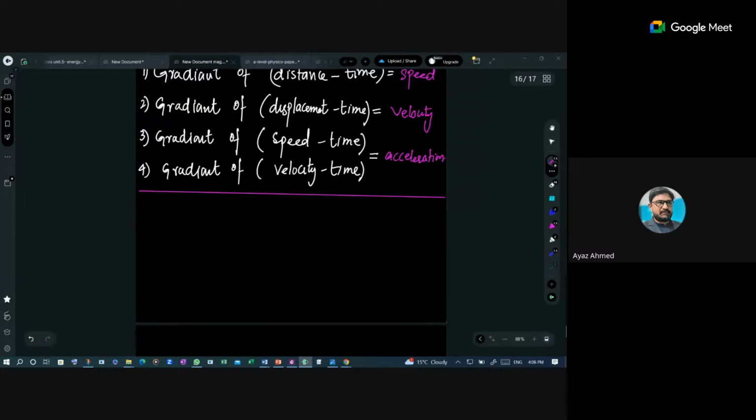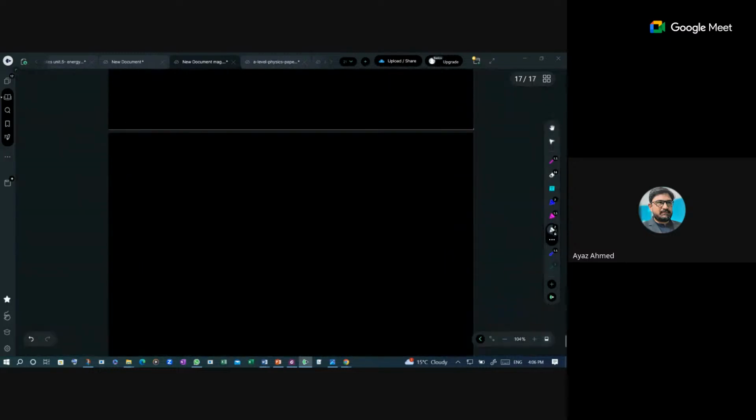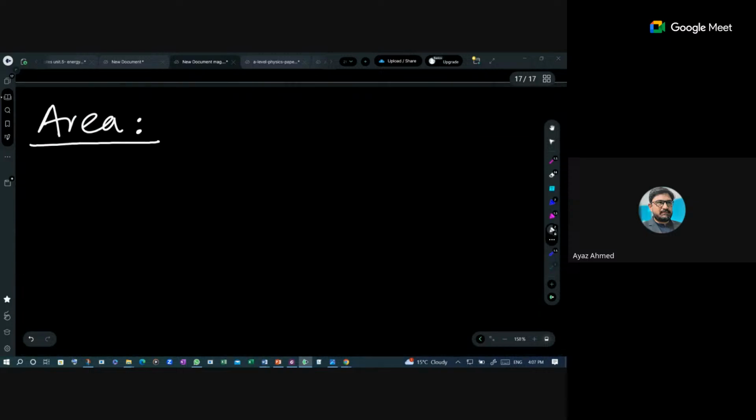Okay, now let's talk about another aspect, the last one, how the area of the graphs is calculated. Area of the graph is basically all the portion below or above the graph.